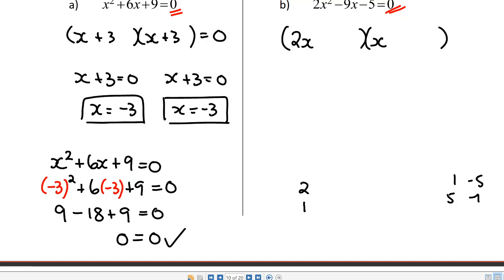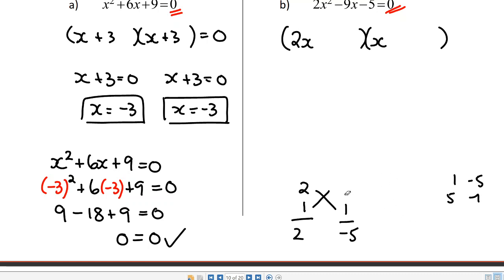So let's just do our trial and error, right? So they multiply to 2, they multiply to negative 5, that's good. We have to check the part where we multiply across. We end up with 2 and negative 5, which adds to negative 3, but we wanted negative 9, so that's not good.